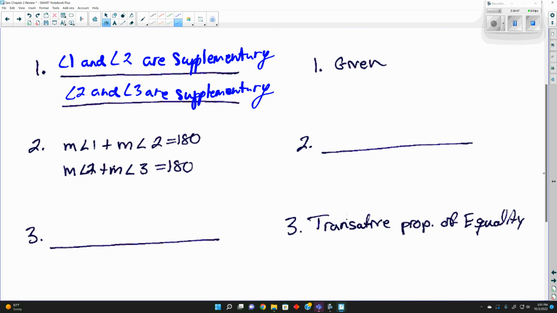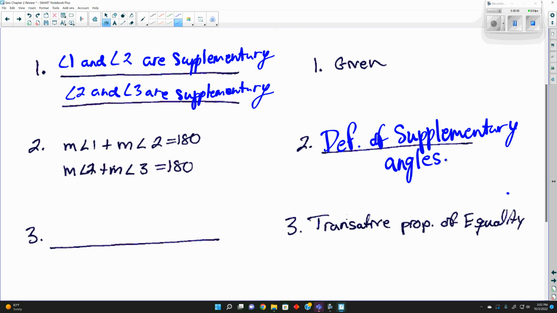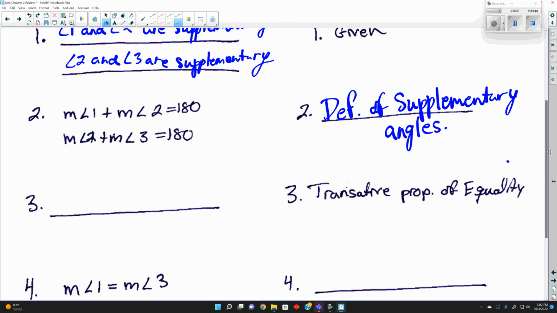Now we say on the next one that the measure of angle 1 plus the measure of angle 2 is 180. Transitive. Now the next part says that we're using the transitive property.